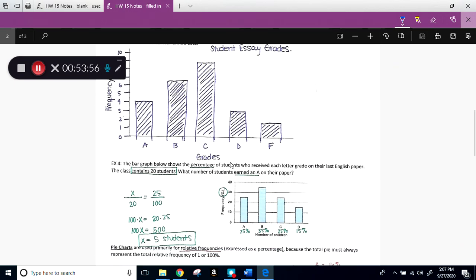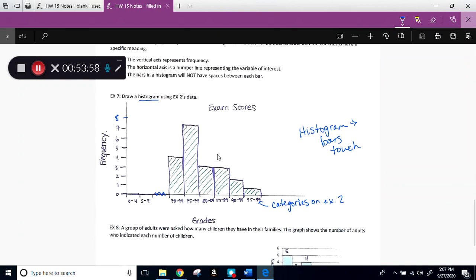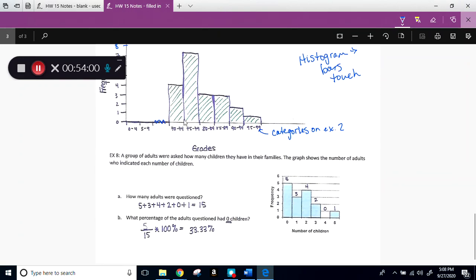So that wouldn't really lend itself to having the sides touch, would it? Histograms are more for when you've got those ranges you're dealing with. A lot of times those are histograms. Now in this case they made it a histogram, so it can be that way. But a histogram, the sides touch. A regular bar graph, they don't.